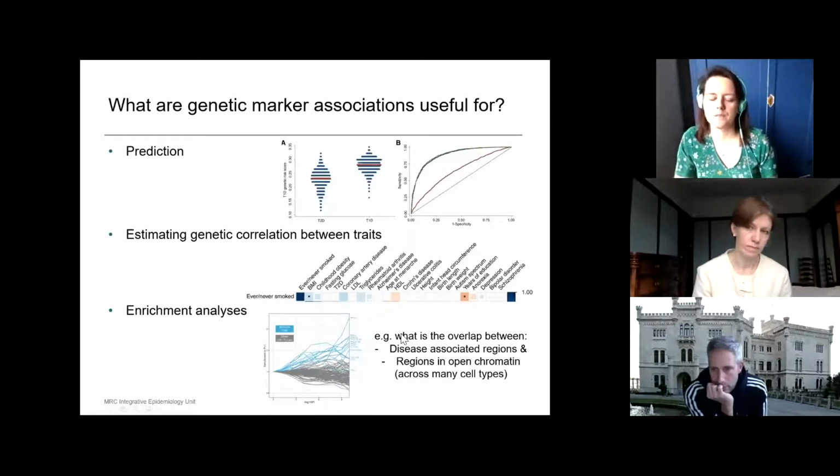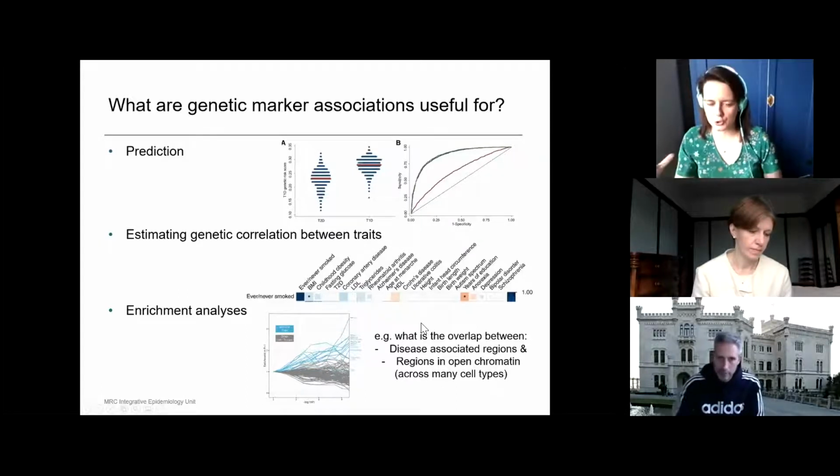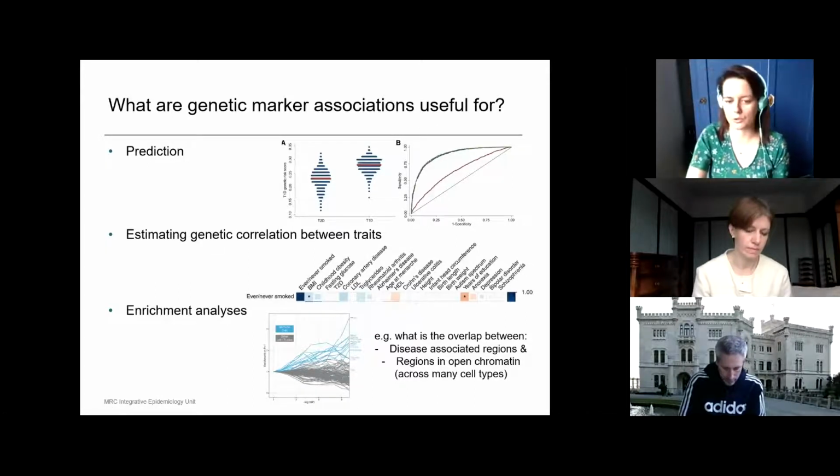These kinds of enrichment analyses across your GWAS results can be useful even though you don't know the underlying causal variants. So there are 3 examples of how you can get biological understanding from GWAS without knowing what your causal genes or causal variants are.